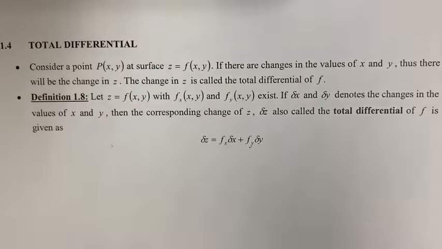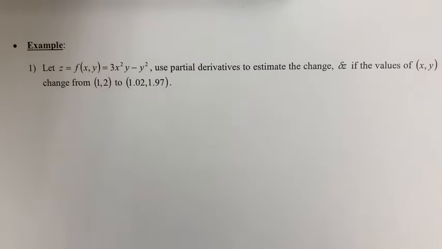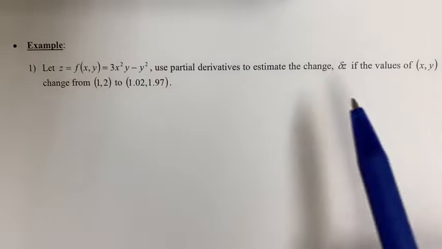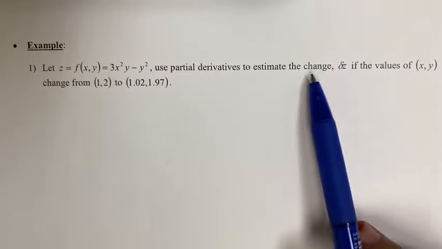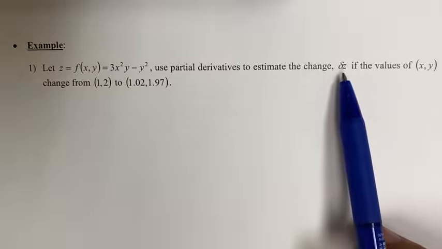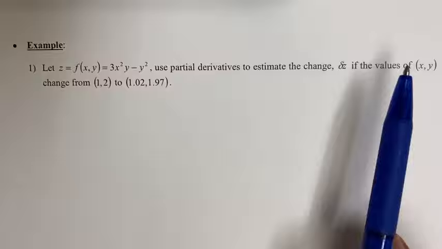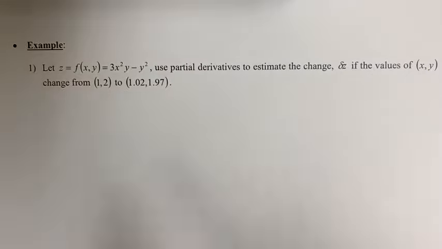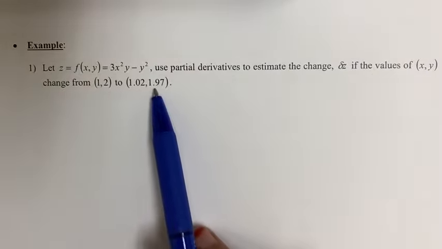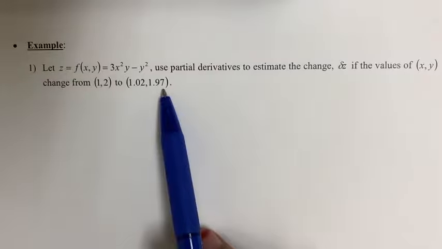For example, let z equal to f(x,y) equal to 3x squared y minus y squared. Use partial derivative to estimate the change delta z, to find the change or the total differential delta z if the values of x, y change from 1 to 1.02 and from 2 to 1.97.